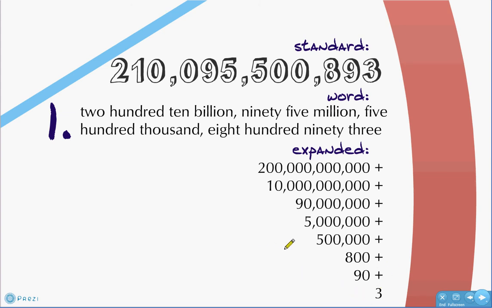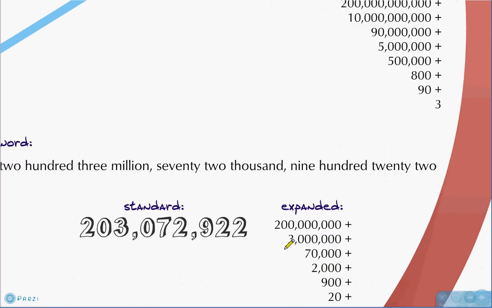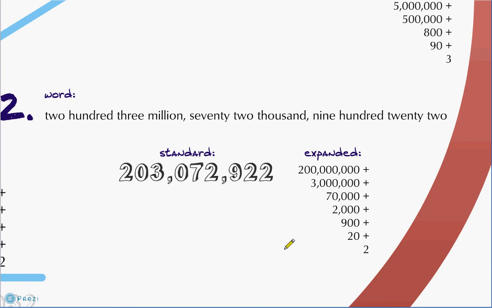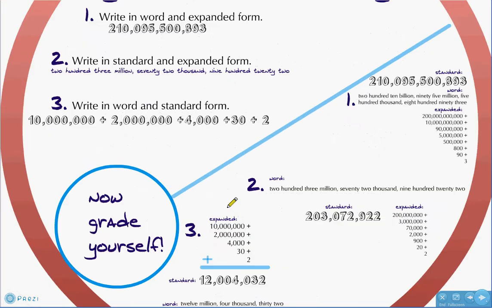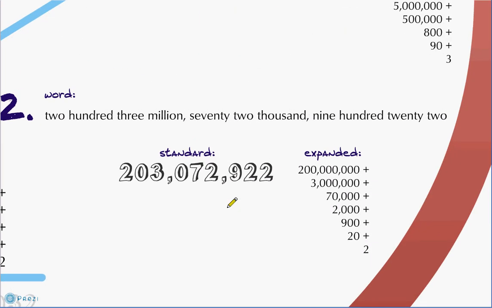Okay? Capiche? Okay. Number 2, you already had it in word form. So here it is, 203,072,922. And you have a ones section, you have a thousands section, and you have a millions section. So let's start with the millions. 203 million.